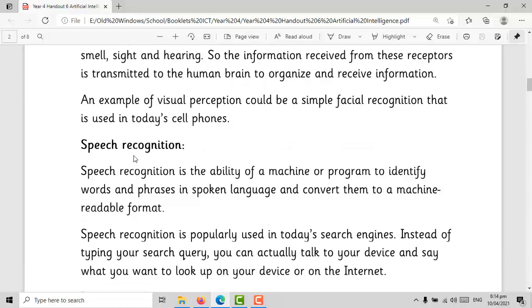The second thing was speech recognition. Speech recognition is the ability of a machine or a program to identify words and phrases in spoken language, just like Siri, Bixby, and other programs that we speak to, and then it executes the commands that we've given to it.